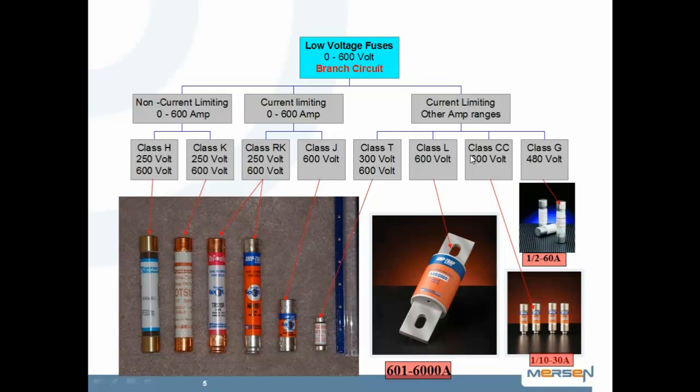Those are the most common ones. And if you are dealing with the end user who has a lot of old fuses, I'm going to give some reasons why you should encourage them to go to the most modern fuse, the RK1 fuse, instead of the older versions. So physically, these are what the UL fuse dimensions are.